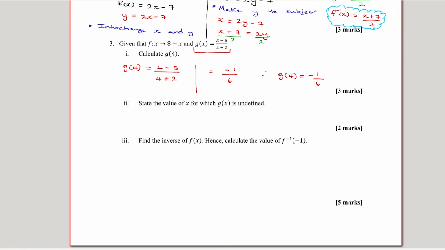Now part II says, state the value of x for which g of x is undefined. So undefined means that that particular x value cannot be a part of the domain. And we can find this particular value by equating the denominator to 0 and solving for x.